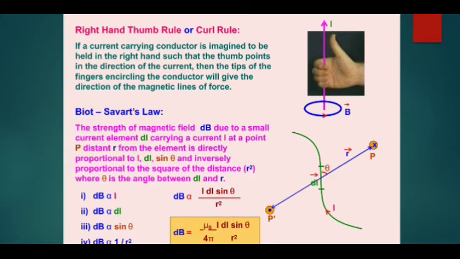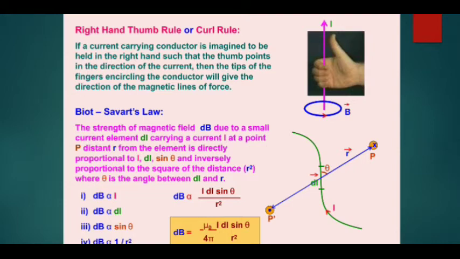See this one, this is the point. From distance r, this is one straight conductor, and this is the small element length. So I'm going to use one constant, the proportionality constant K. The K value is mu naught divided by 4 pi.